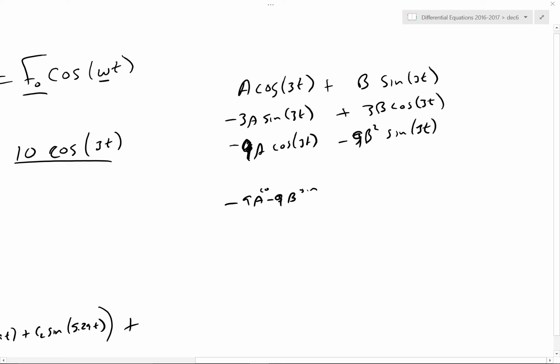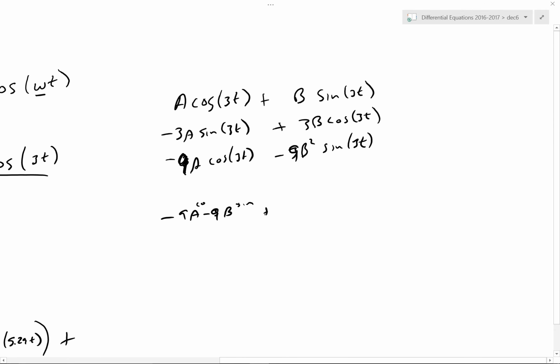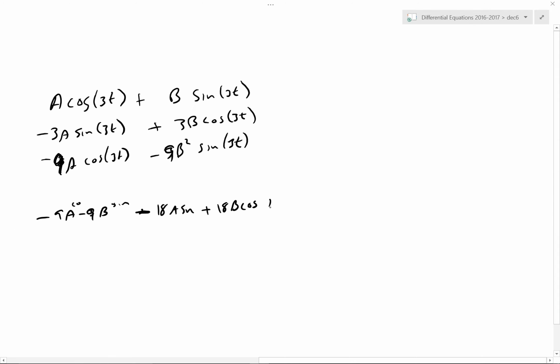And then I've got 6 of the middle ones, so minus 18a sine plus 18b cosine. And then I've got 16 of the last one, so plus 16 cosines with an a, plus 16b sines, needs to equal 10 cosines.